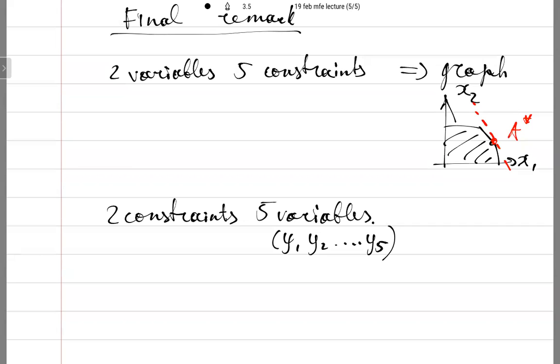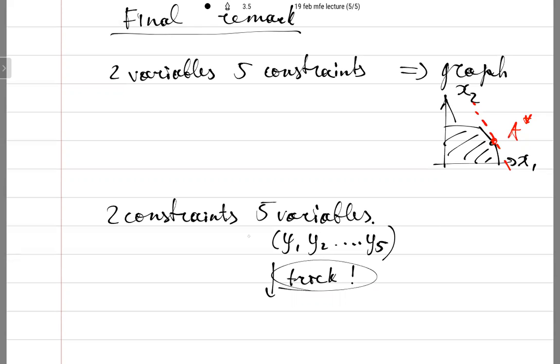But right now we have a trick. Just rename the variables. We go from a problem to, like, the inverse problem. We will have a dual problem.